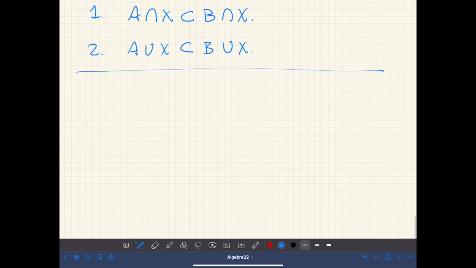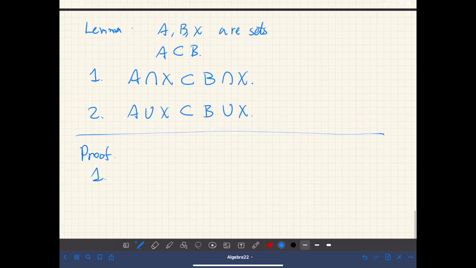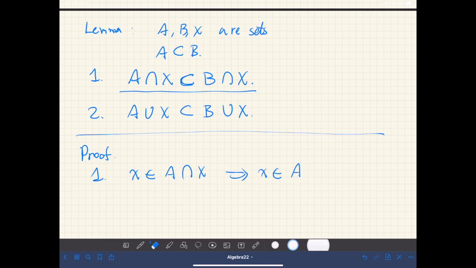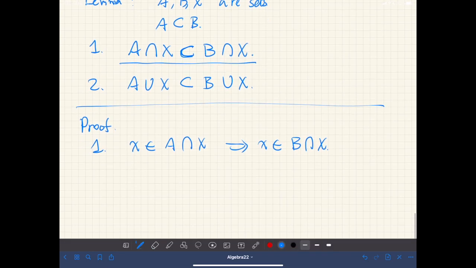Okay, so let's prove this. First one. According to the definition of the subset, what we need to prove is to show that if x is an element of A cap X, then x is an element of B cap X. If we can show this, then we have proved this one.